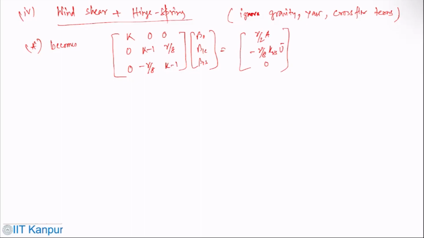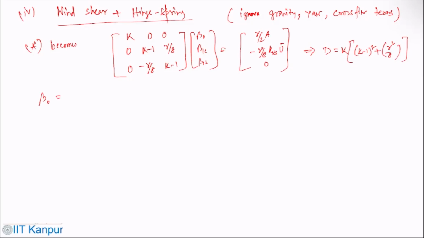So the determinant of the coefficient matrix from here, what we get is K into K minus 1 square plus gamma square by 8. Again, once you apply Cramer's rule, you can find out the solution.